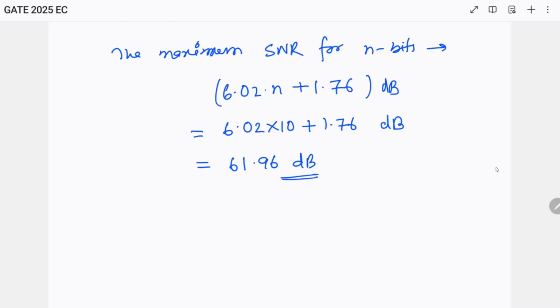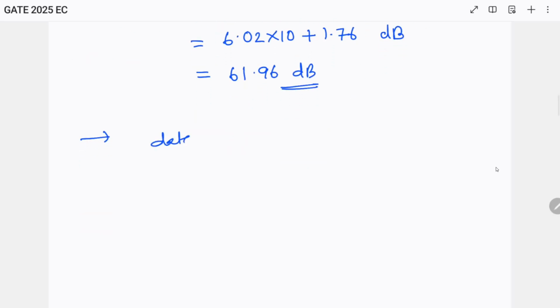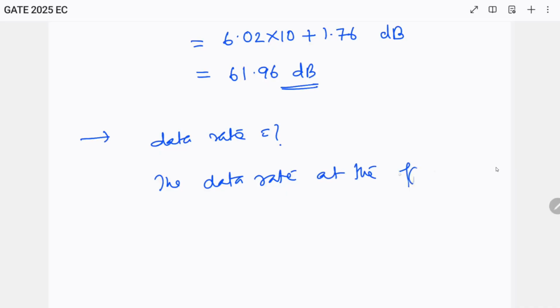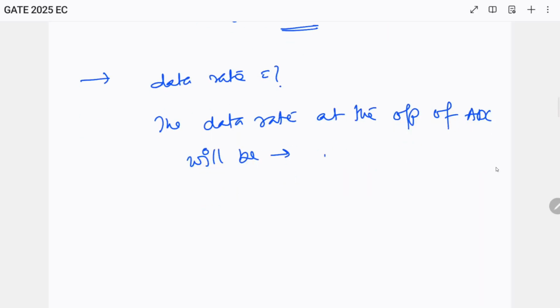Next part, I need to find the data rate. Since the sampling frequency is 1 megahertz and each sample is converted into 10 bits, the data rate at the output of ADC will be 10 times f_s, because I need to convert each sample to 10 bits and the sampling frequency is f_s.